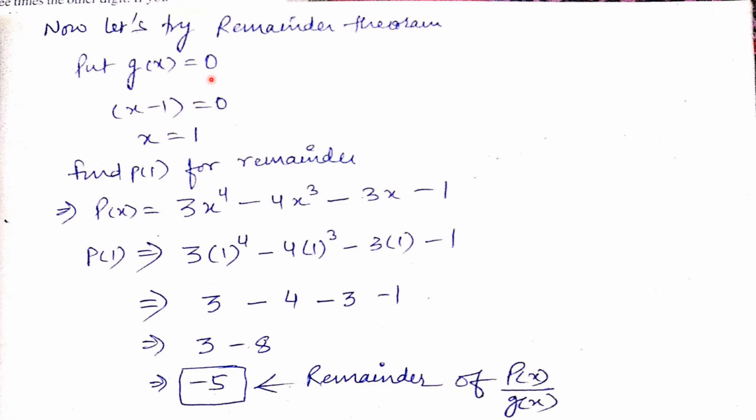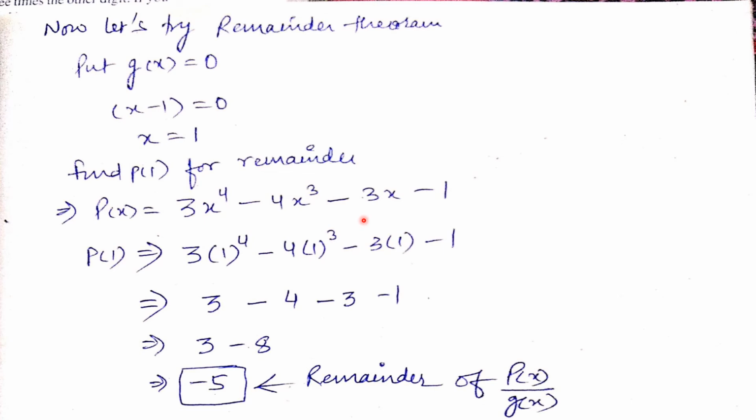After putting it equal to 0, we get the equation x minus 1 is equal to 0. It gives us x equal to 1. Now this value of x we will put in the dividend. So we will find P1 for the remainder. That's fine. We know Px is this thing.